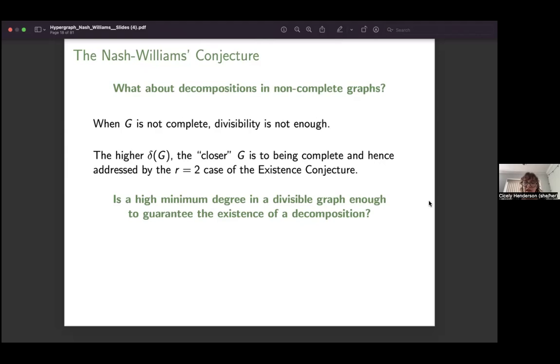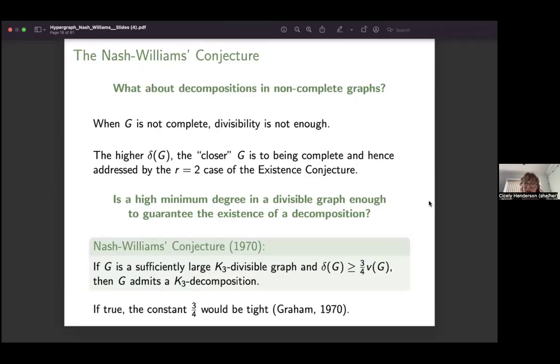Intuitively, the higher the minimum degree, this delta of G, the closer our graph is to being complete and hence addressed by the existence conjecture. So a natural question is: is a high minimum degree in a divisible graph enough to guarantee the existence of a decomposition?